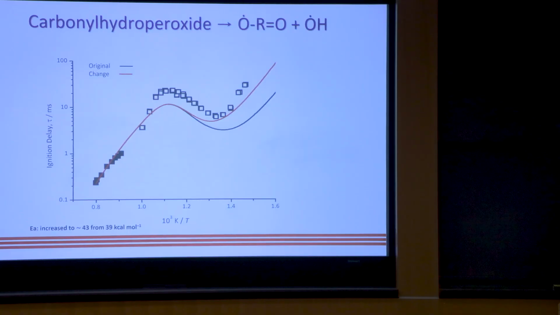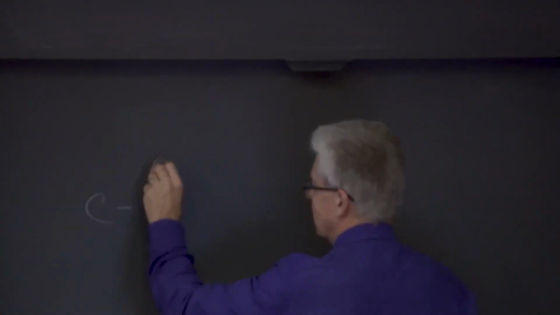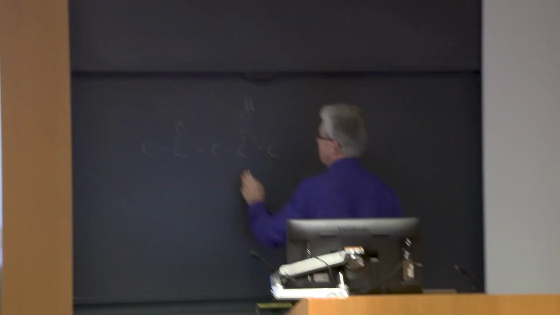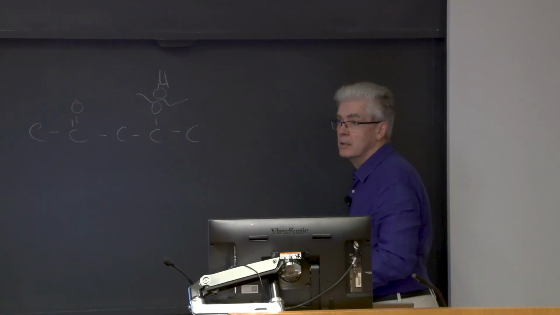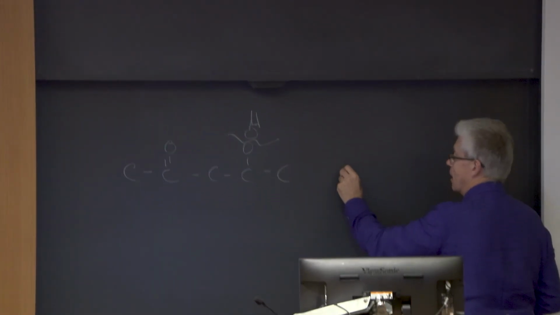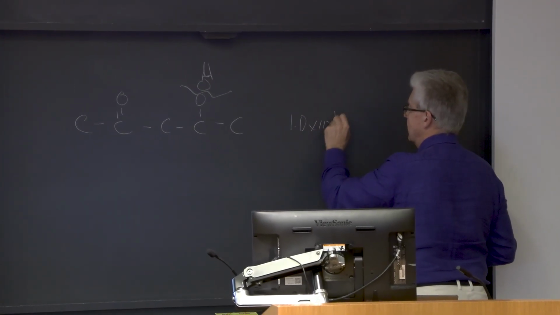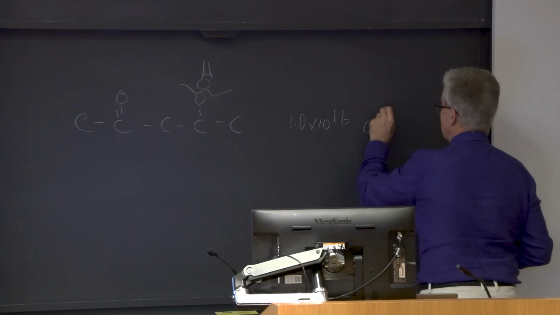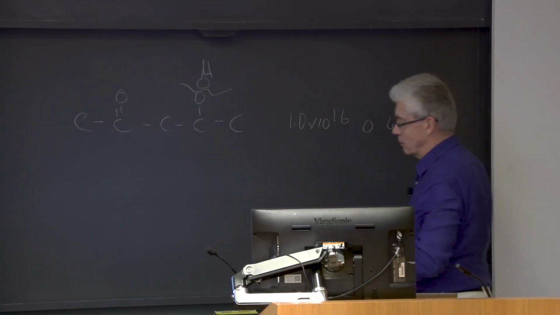What happened was, for these carbonyl hydroperoxides, so let's say we have this guy. Okay, so this is the keto hydroperoxide, carbonyl hydroperoxide. Okay, to break this bond, we had a rate constant of 1 times 10 to the 16, 0, and an activation energy of 43 kilocalories per mole, right?